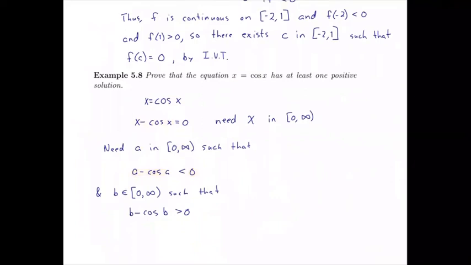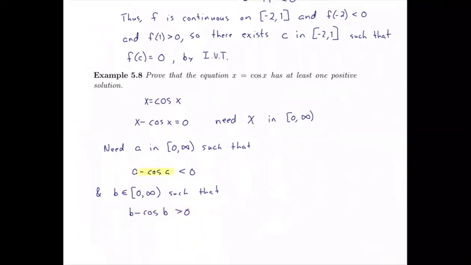If you can find another number b in this interval that makes this result greater than 0 when you plug it in, then you've got both a negative output of the function and a positive output. Between a and b, or b and a, will be a value c that makes this function x minus cosine x 0. That'll be c minus cosine c is equal to 0. So c equals cosine c, and you'll have proven that this equation has at least one positive solution.